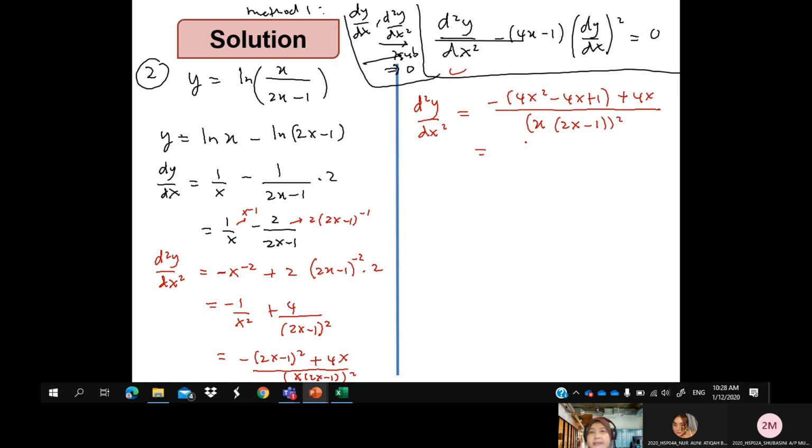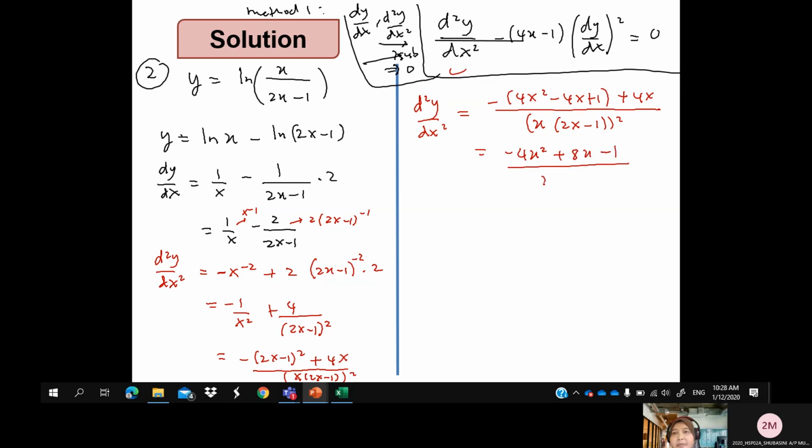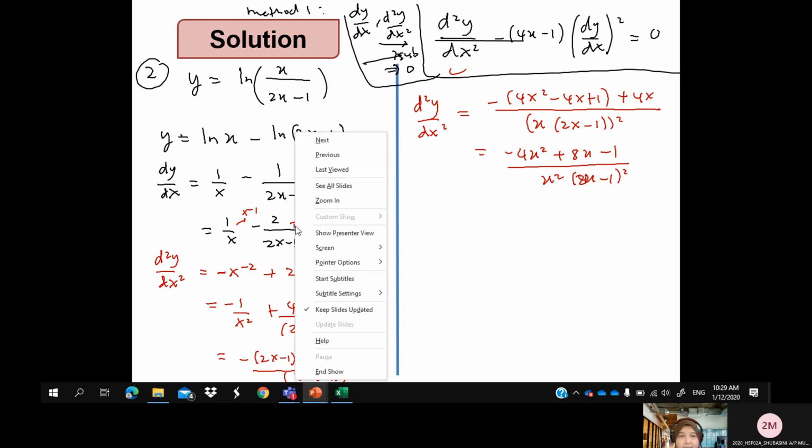Square. So you will get 4 negative, plus 8x minus 1. It doesn't help, it becomes more complicated. Not good for this one. Not good, but it's okay. Let's go first. We take this one. How to get that one? Let's try to do it.